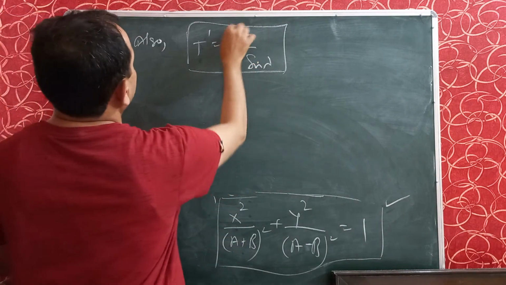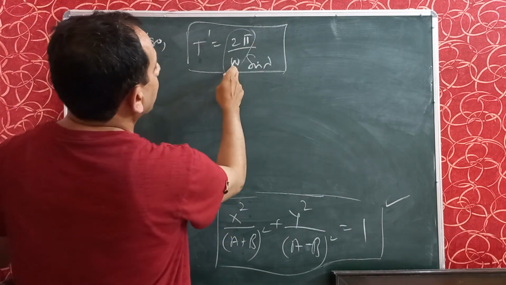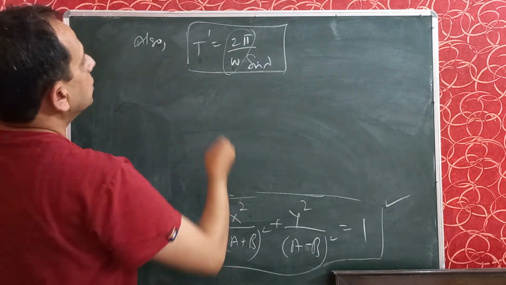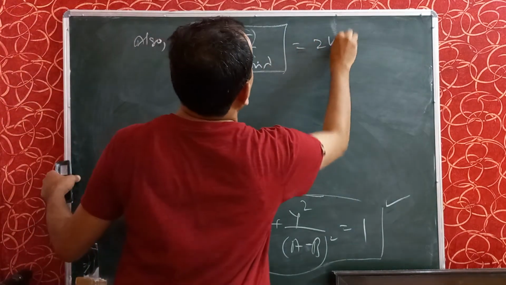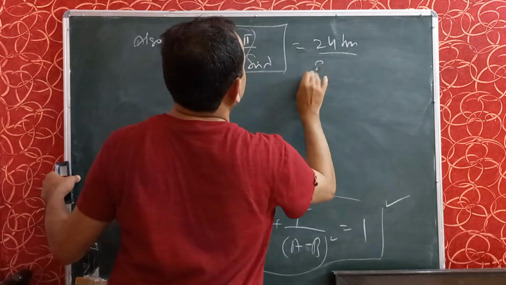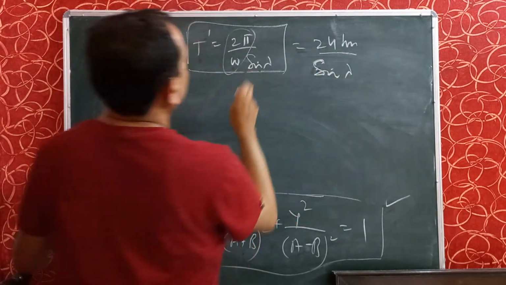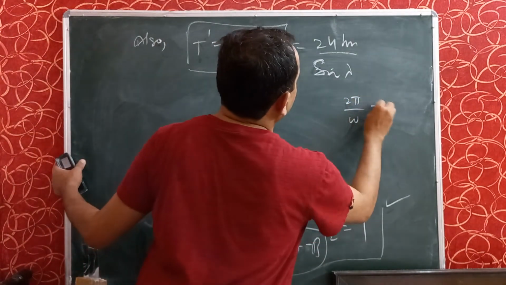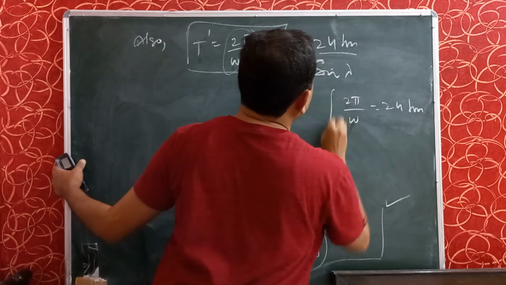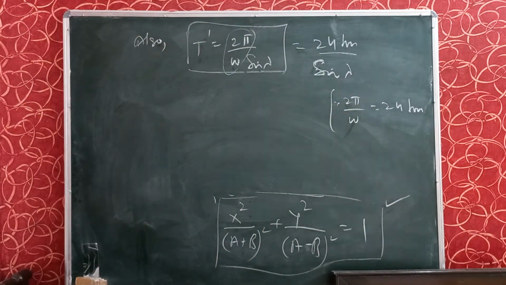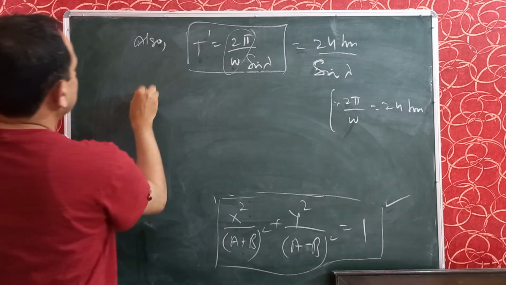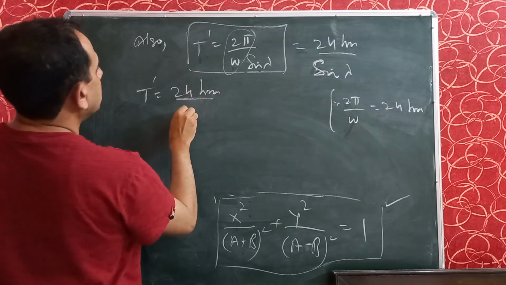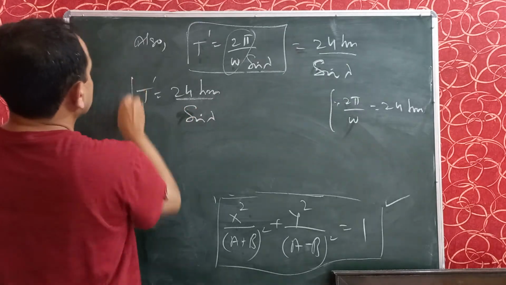When we put the value of pi, and omega is the angular velocity of earth, we get 24 hours upon sin lambda. The value of 2 pi by omega is equal to 24 hours. So t dash is simply 24 hours upon sin lambda. This is the result.